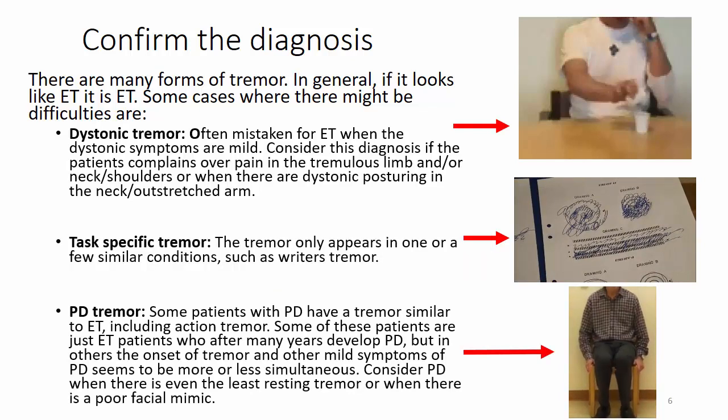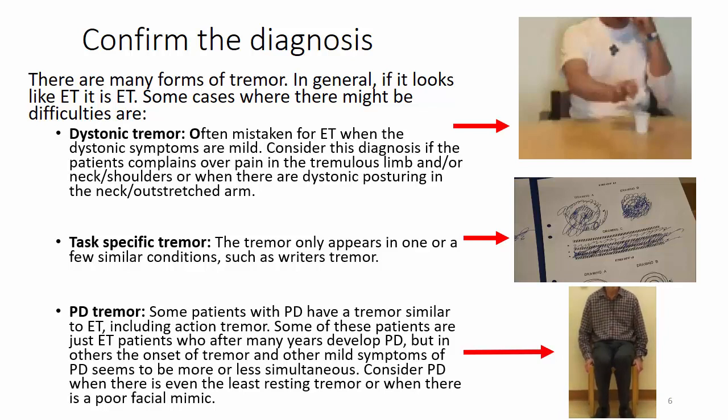Then we have Parkinsonian tremor. Sometimes patients with Parkinson's disease have a tremor similar to essential tremor, including action tremor. And some of these patients are just essential tremor patients who after many years develop Parkinson's disease. But in others, the onset of tremor and other mild symptoms of Parkinson's seem to be more or less simultaneous.